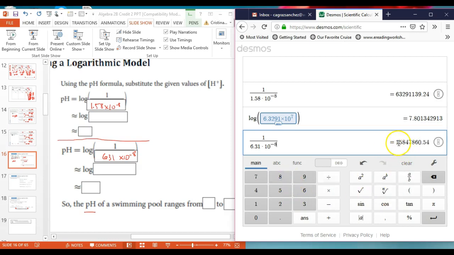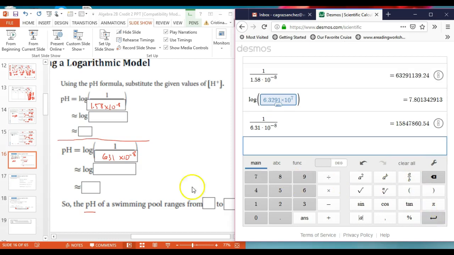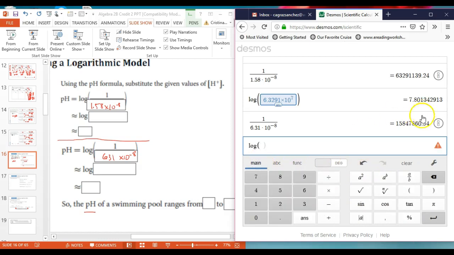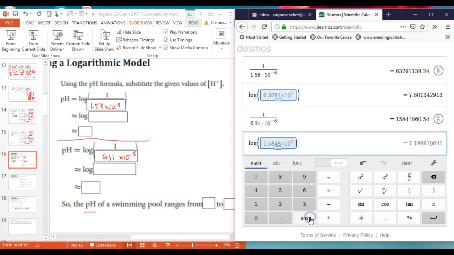And it gives us this value. That's a huge number. I'm going to keep that in mind. We want to find the log, so again I'm going to go to function, log. Instead of writing that whole number, because we might make a mistake, let's write answer. That way it'll take that value. And it found our pH level for us. How awesome!